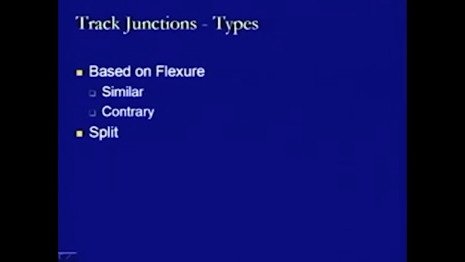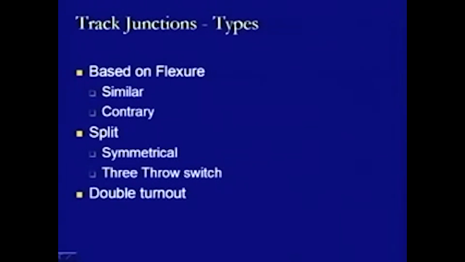Then on the basis of a split, they may be symmetrical split or 3-through switch. Then there can be a double turnout. In the case of double turnout, we provide a facility for taking a turn in either direction, but at different locations. We will be looking at that again.